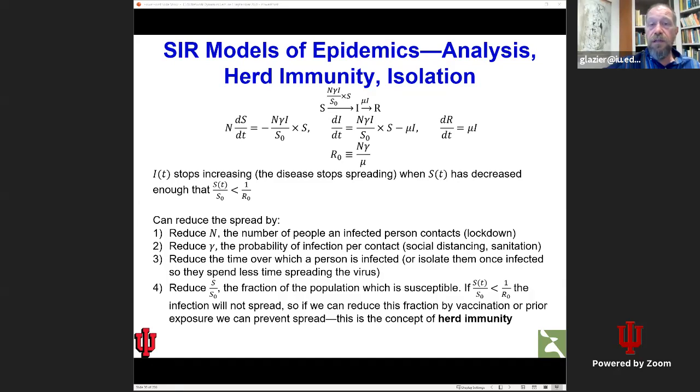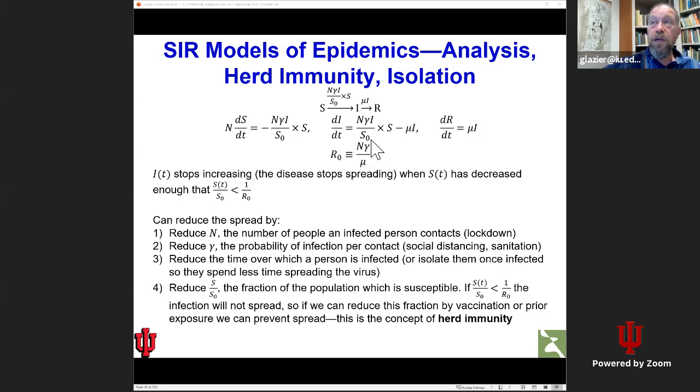So if I look at my growth rate for the number of infected, it looks like n gamma I over S naught times S minus mu I. And so the number of people who are infected starts decreasing when the right-hand side of that term is negative.